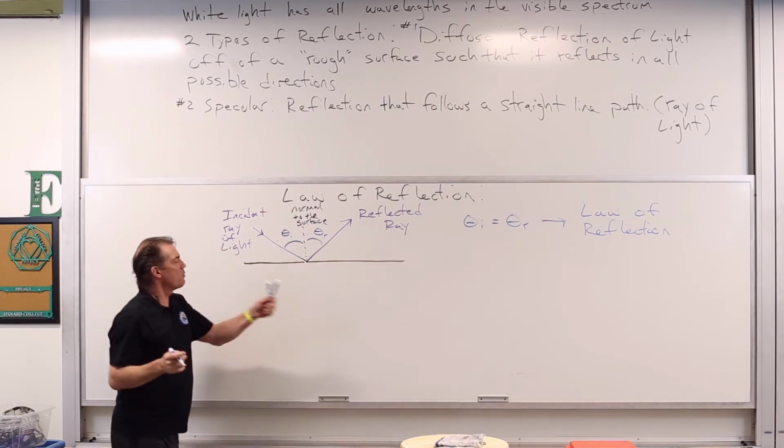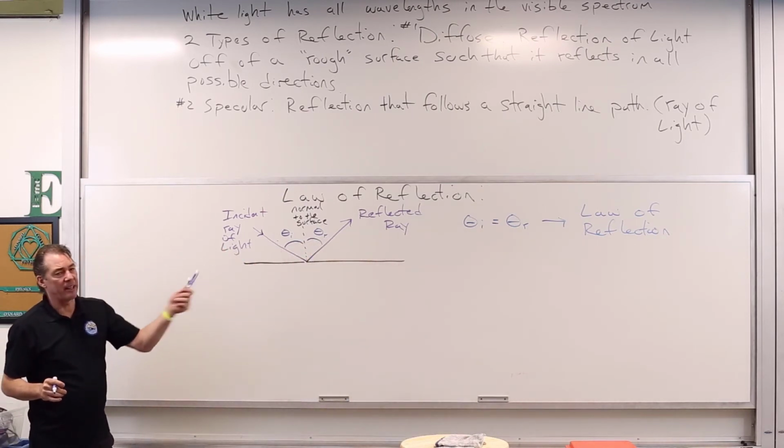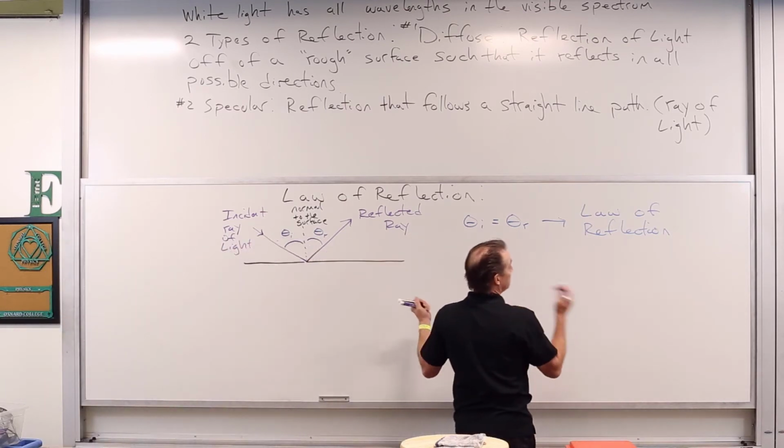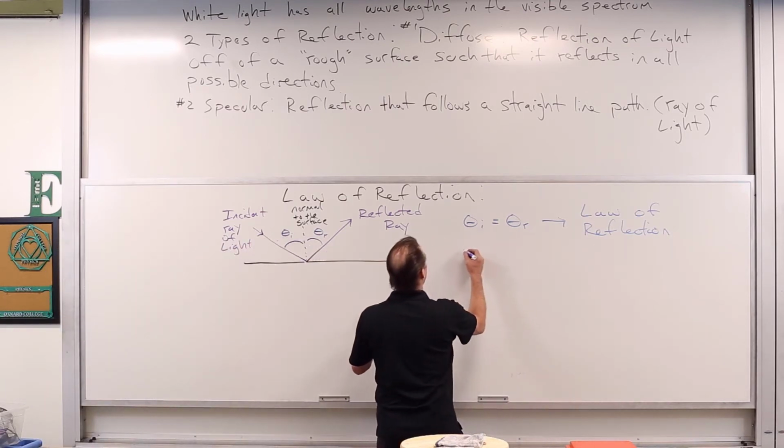We get equal angles of incident and reflected rays relative to the normal, the interface boundary regarding the reflected light.